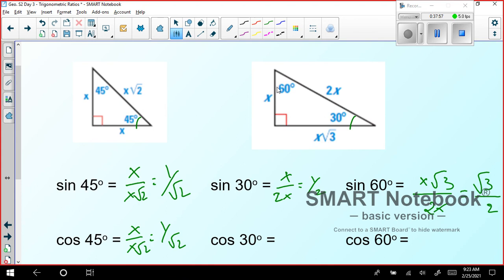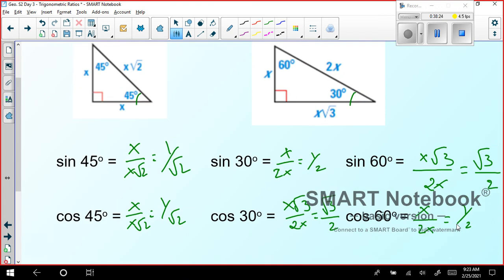Adjacent is x root 3, hypotenuse is 2x, which gives us root 3 over 2. Then the cos 60 for this particular angle 60, the adjacent is x and hypotenuse is 2x, x over 2x. That gives us 1 over 2.